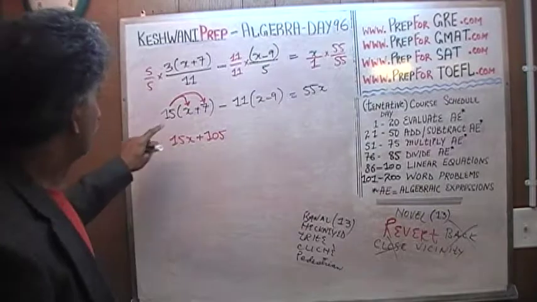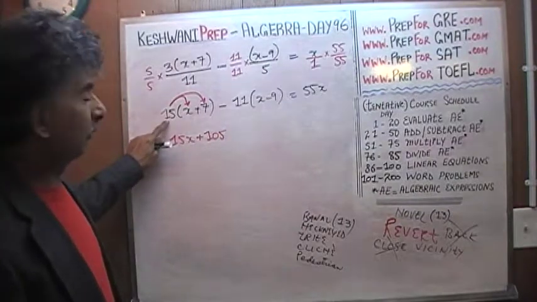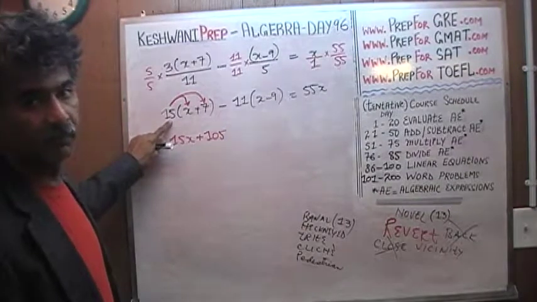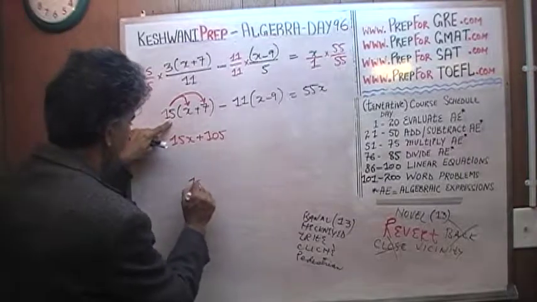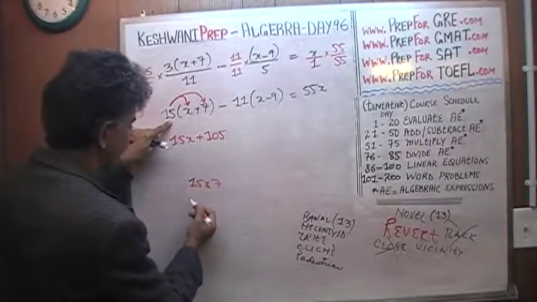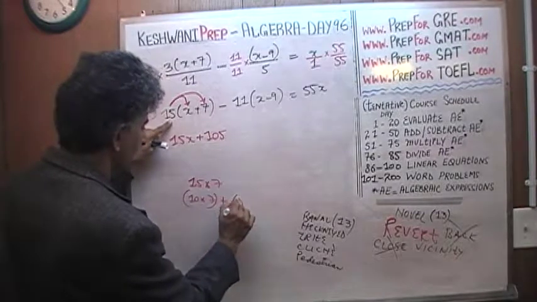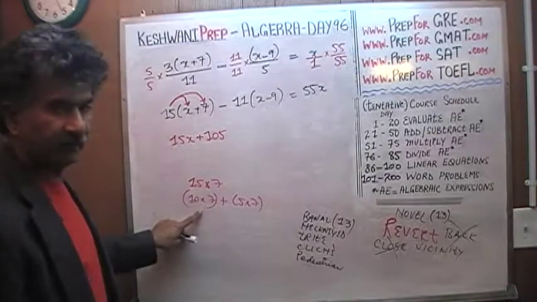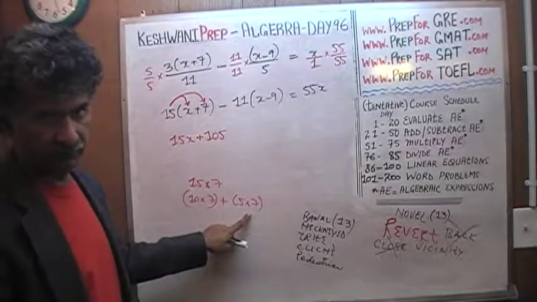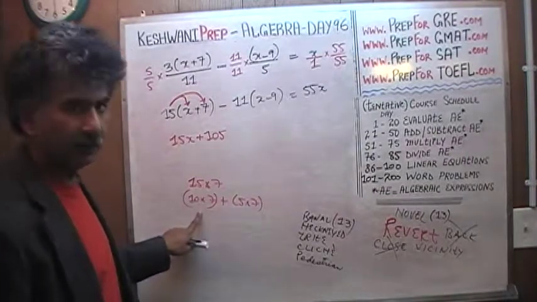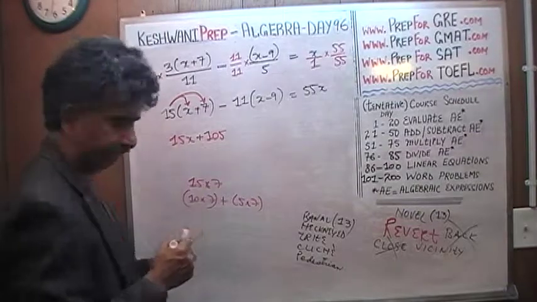You see what I did was, I broke the 15 into 10 and 5. So 15 times 7 has to be the same as 10 sevens plus 5 sevens. 10 sevens are 70, 5 sevens are 35. I know that 35 plus 70 is 105.